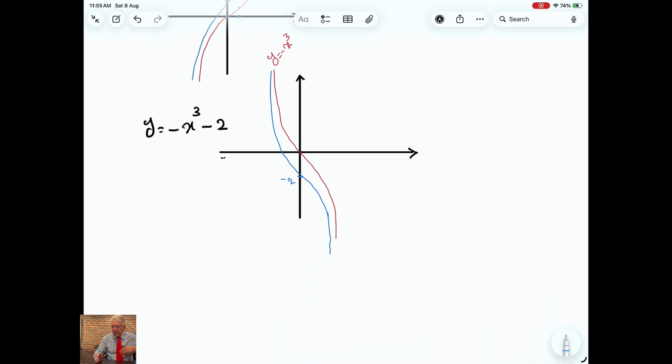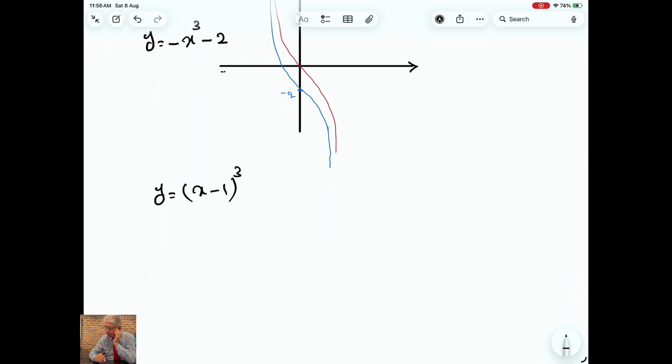Now, when the graph shifts on the x-axis, if you have y equal to x minus 1 to the power of 3, in that case, what will happen? Again you have now this is a shift of the graph y equal to x to the power of 3.